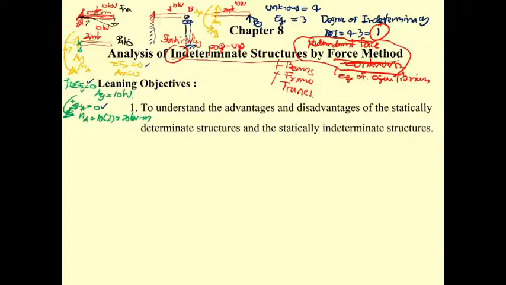However, you need more conditions: we need the compatibility of the beam to help solve this, and you also need the force and displacement relationship to help solve this kind of problem.